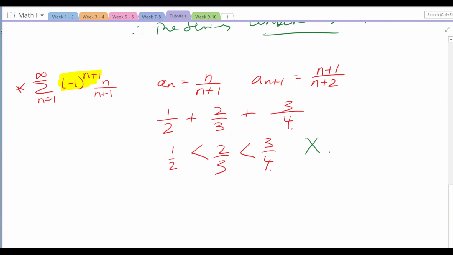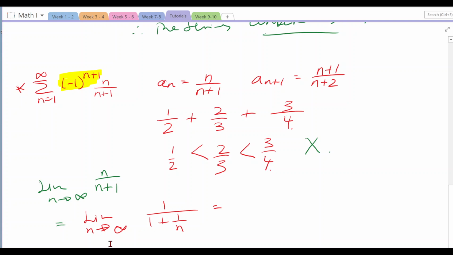And then if you look at the limit, let's see the limit as n approaches infinity of n over n plus 1. We simply divide both terms by n, so the top becomes 1, and the bottom becomes 1 plus 1 over n, and this equals 1 as n approaches infinity.